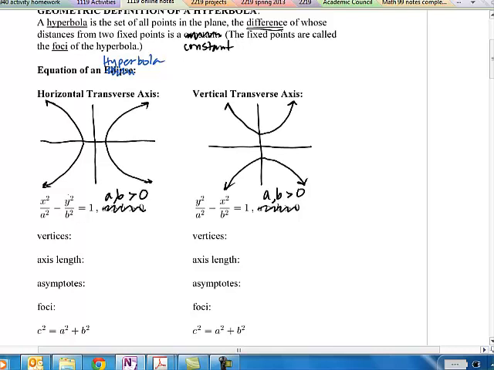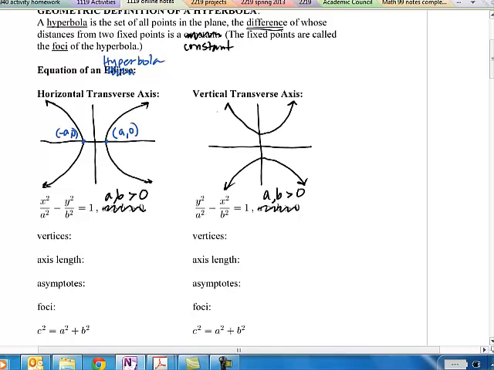Notice if y is 0 in the first graph, then we have x squared over a squared equals 1. So x would have to be positive or negative a. Those are the points where the graph intersects the x-axis. So we'd have (a, 0) here and (negative a, 0) on the other side.